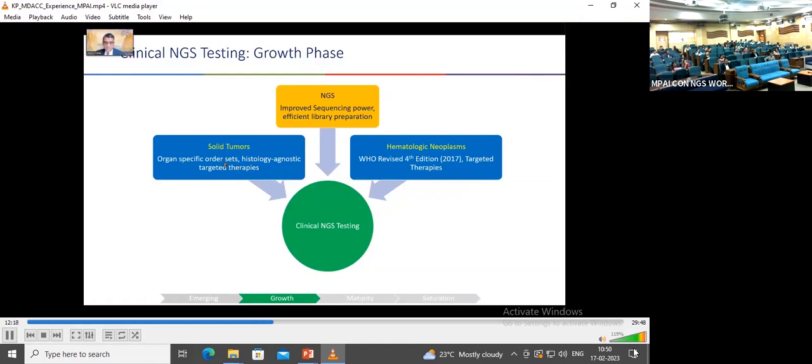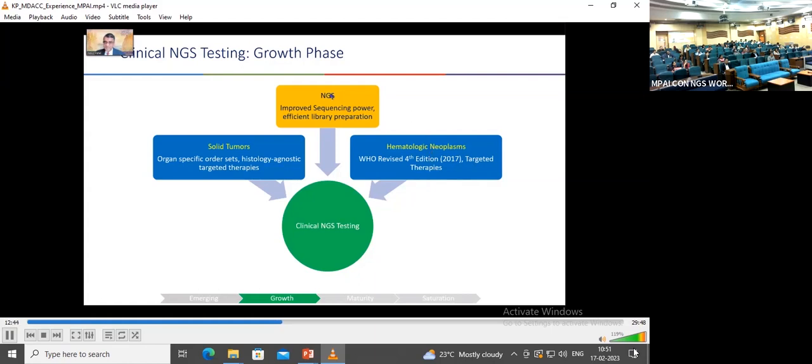And also within the histologic context, a lot of expansion of molecular biomarker testing was happening across the different guidelines and standard practice. On the hematologic side, the WHO classification was revised in 2017. It introduced many new categories, which again were biomarker based. New targeted therapies started to come out, which again led to increased demands.